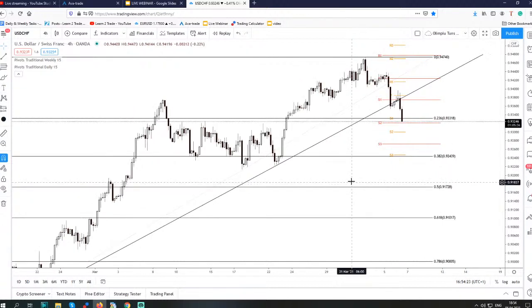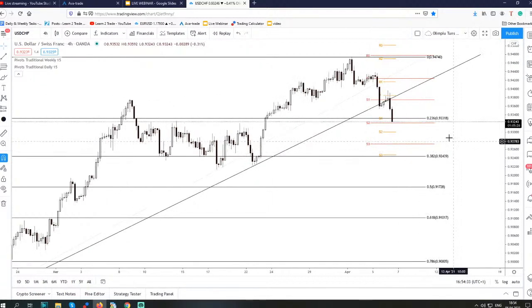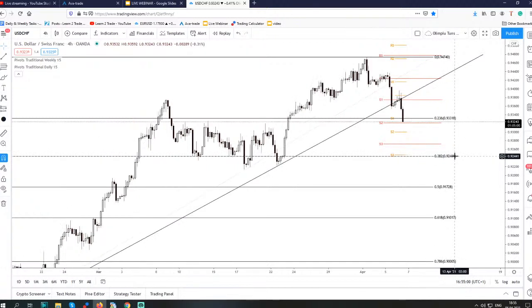But as long as the dollar index continues to drop, the pair US dollar versus the Swiss franc will continue to drop here. And if it will close also below this static support S2, weekly support 0.9321, then it should continue to drop towards the daily S2, towards the weekly S3 pivot, static support, and also towards the 38.2 retracement level.